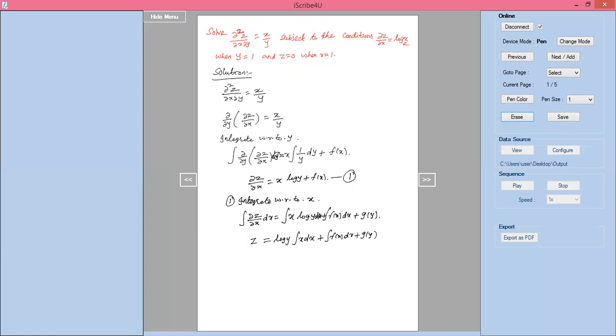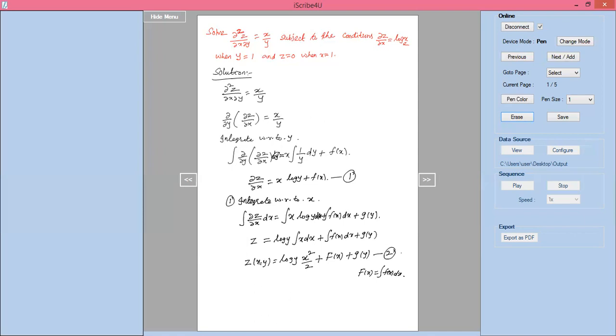Now z of x comma y equal to log y into x square by 2, plus capital F of x, plus g of y. Capital F of x is the integration of small f of x into dx. Which is equation number 2.